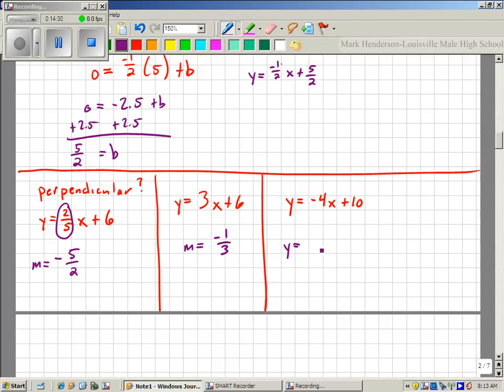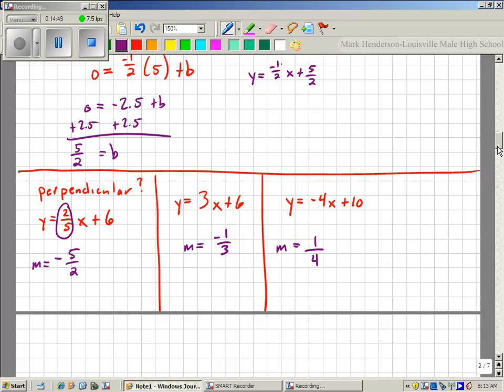So it actually changes back to positive. Oops, and I still wrote -1. And it's 1/4. I wrote y instead, so it should be m equals 1/4. Okay? Does that make sense?